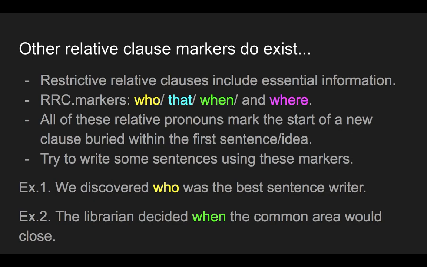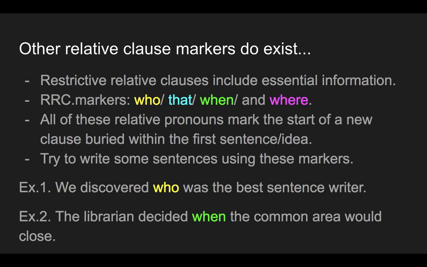But in the second example, when the common area would close, in this case, when is just acting as that linking word. And then we've got our subject would be the common area. That's the noun phrase that's acting as the subject. So it would be area as the noun, the as an article, common is an adjective describing what kind of area we have there. And you need to get comfortable working with noun phrases, guys.